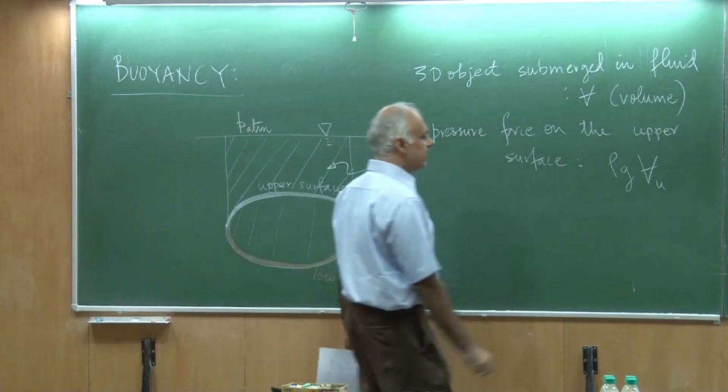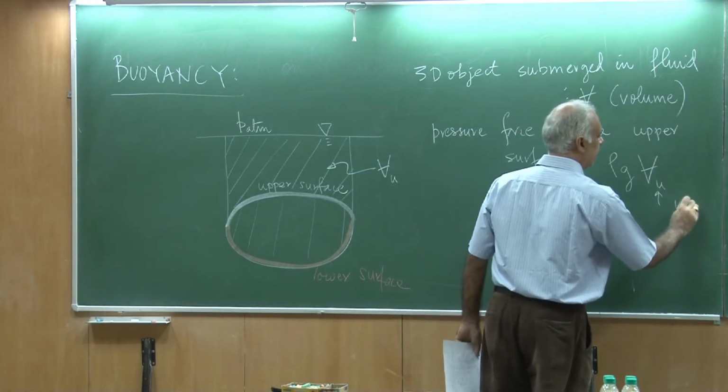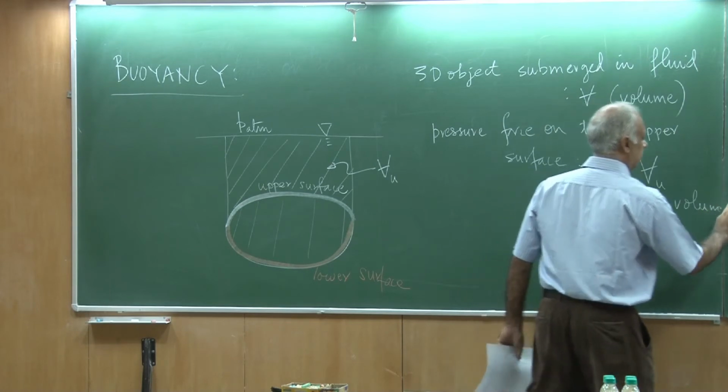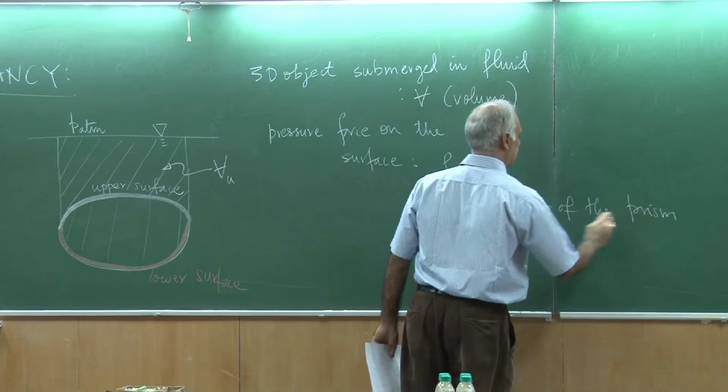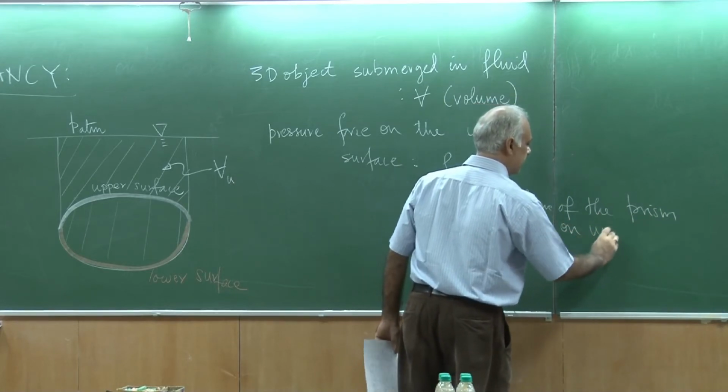So Vu is the volume of the prism on the upper surface of the body.